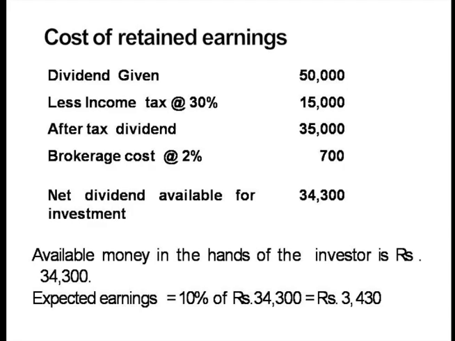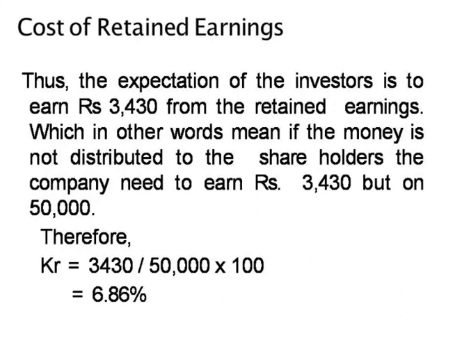Thus the expectation of the investor is to earn 3,430 from the retained earning, which in other words means if the company does not distribute it to the shareholder, the company needs to earn 3,430 on 50,000.